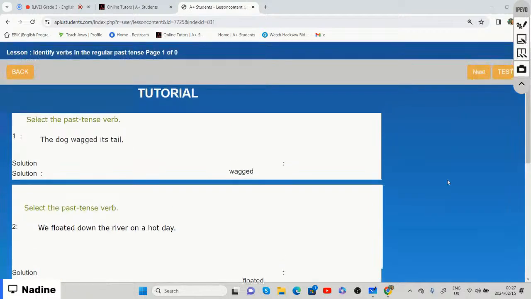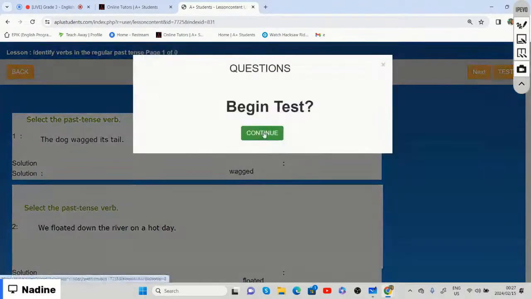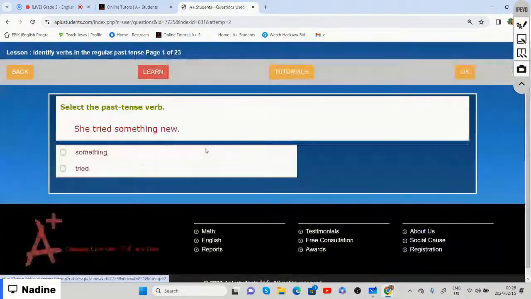So now let's go to our test where we are going to identify verbs in the regular past tense. We need to select the past tense verb.